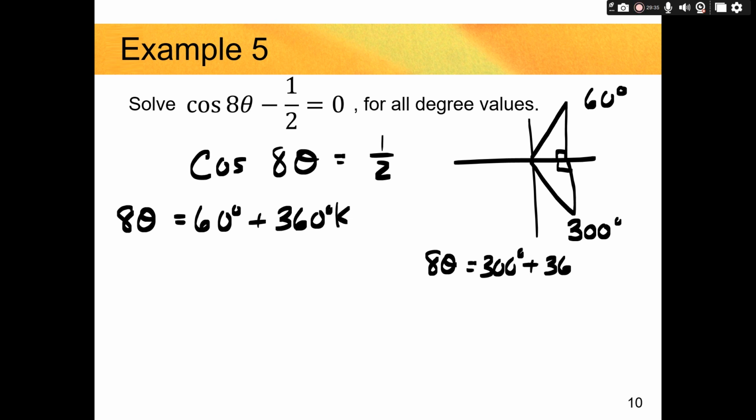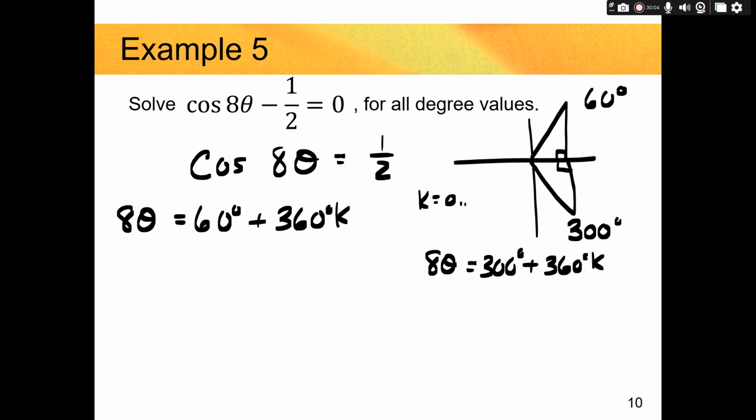So all yours, go for it. What is 60 divided by 8? It's a number, absolutely. 7.5.